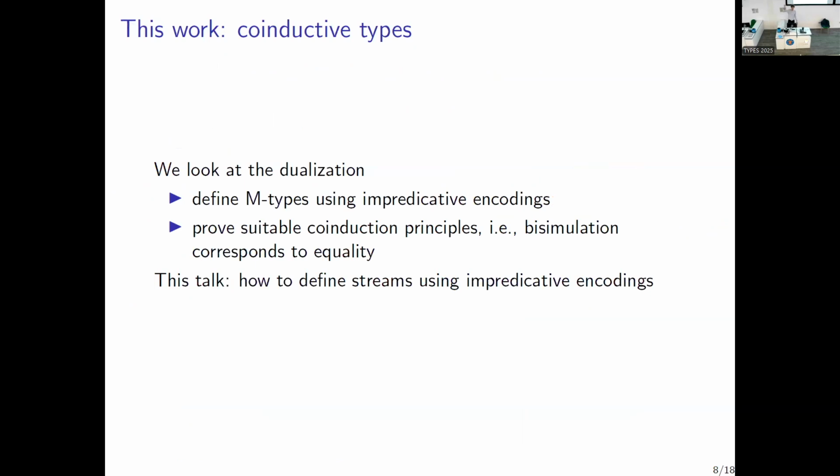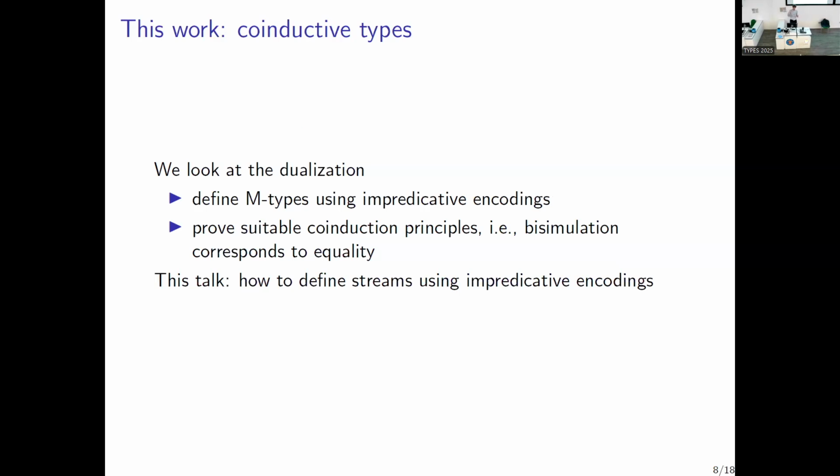I shall flip it all around and look at the dualization. So how can we do co-inductive types using this whole impredicative stuff? That is basically the work that I shall be presenting now. If you think about co-inductive types, you might say M-types.